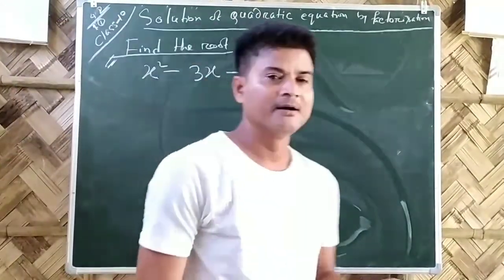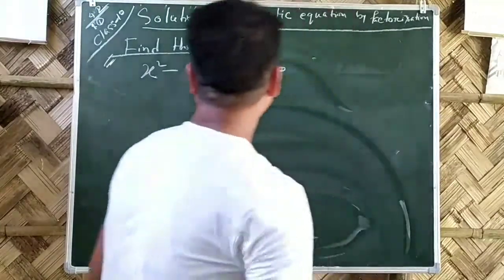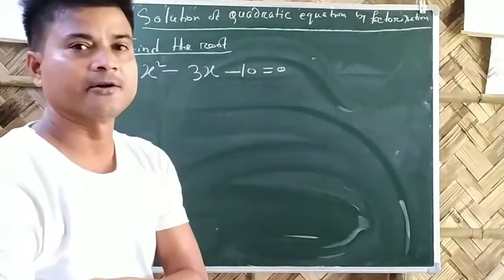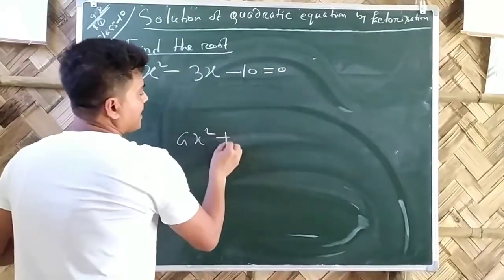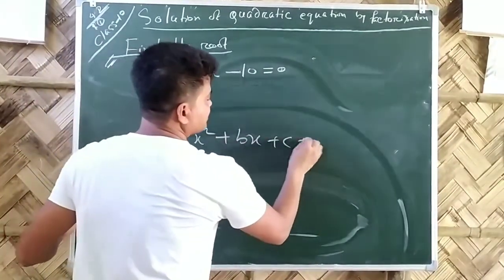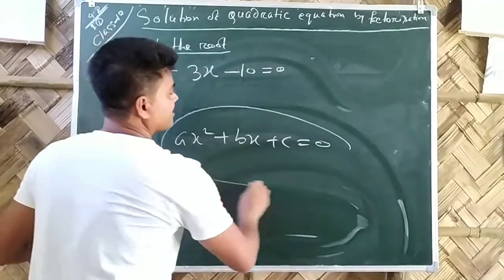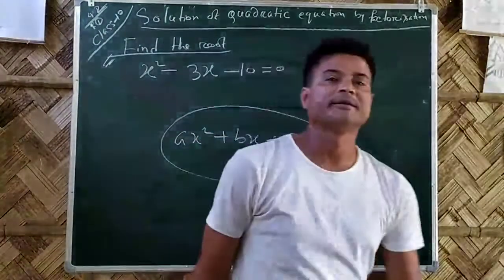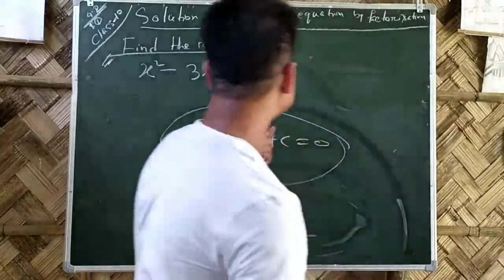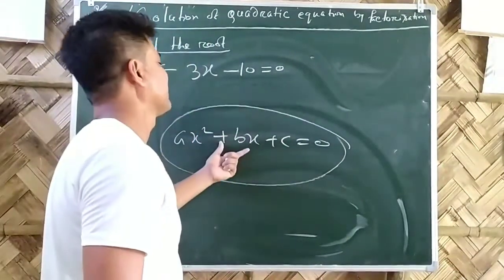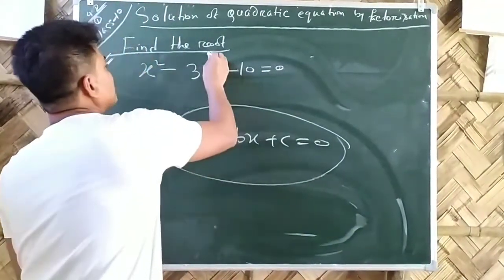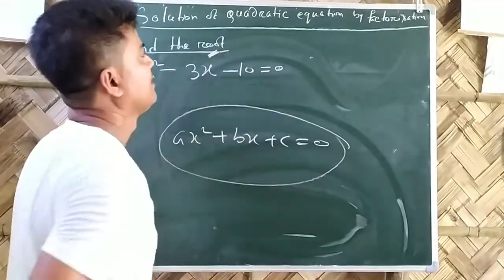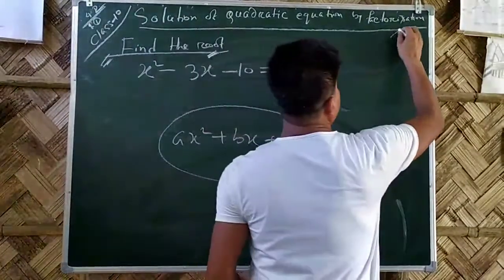Now let me recall what a quadratic equation is. The pattern of a quadratic equation is ax square plus bx plus c is equal to 0. We need to evaluate this type of equation and find out the root by the method of factorization.